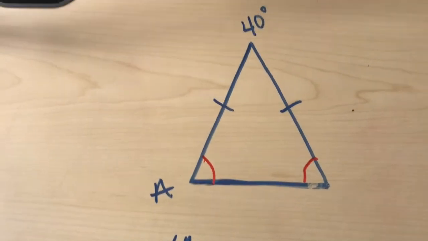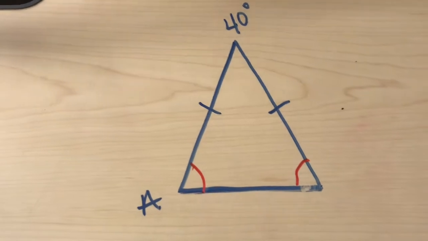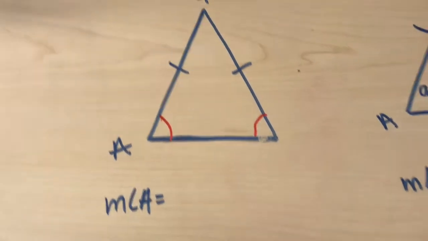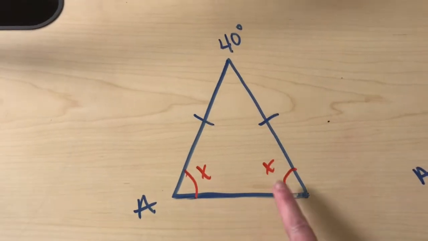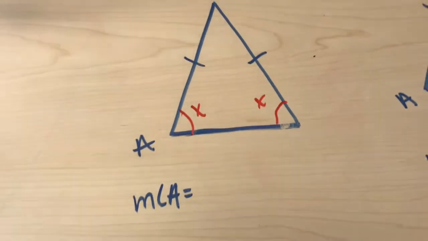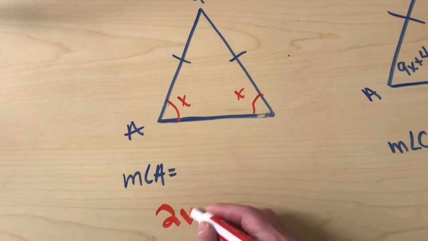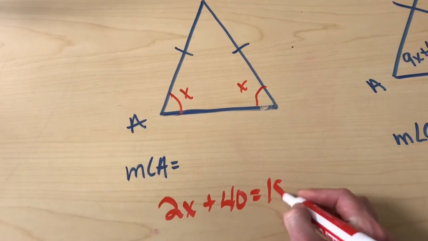Okay, so if we've got 40 degrees, all the angles add up to 180. The sum of all the angles is 180. So like if I call this x and this x, that means 2x plus 40 equals 180.